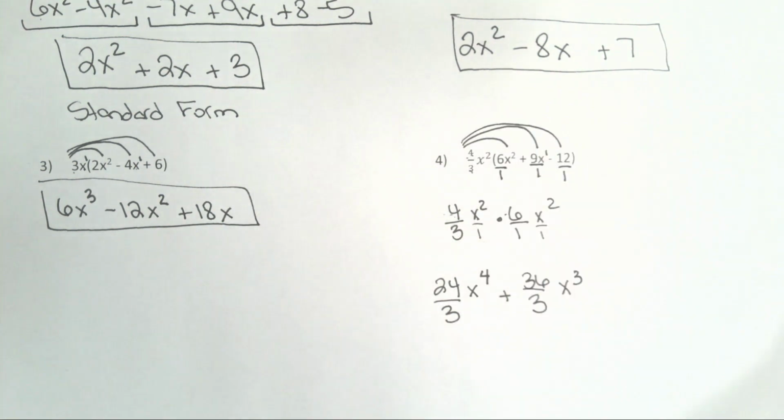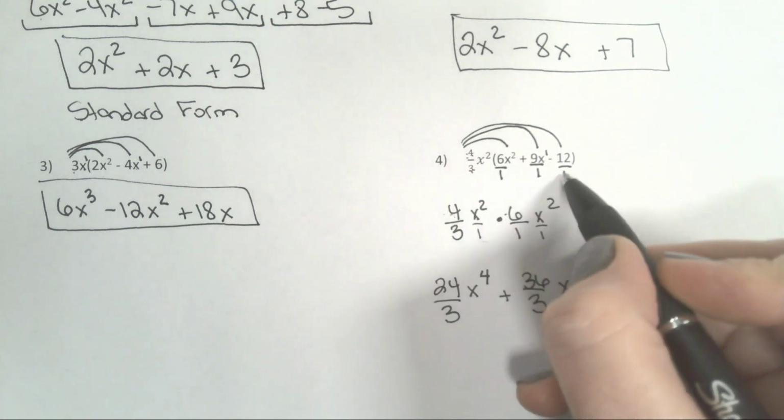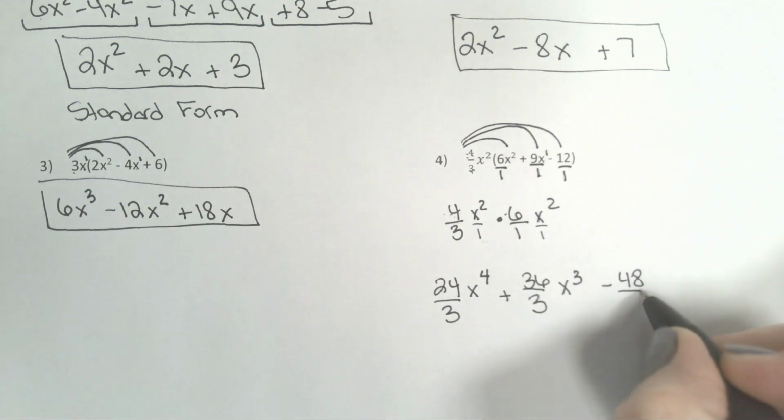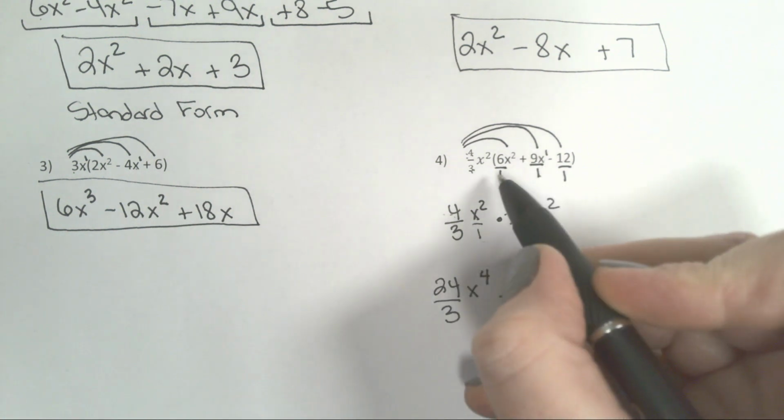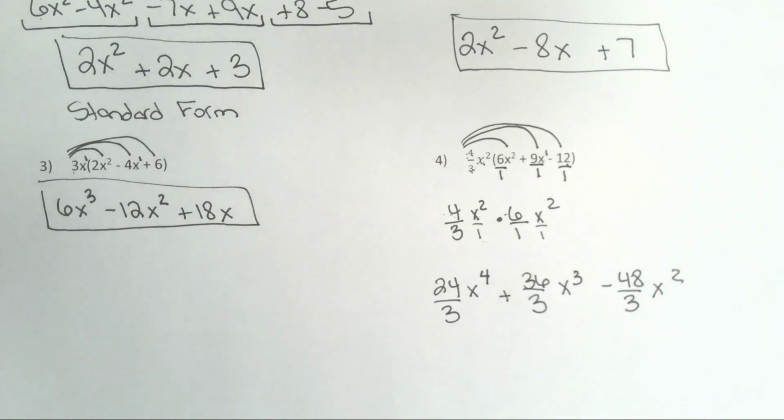And then distribute the next one. 4 times negative 12 is negative 48. And then multiply your denominators. 3 times 1 is 3. And then I have x squared times nothing, which just gives me x squared.